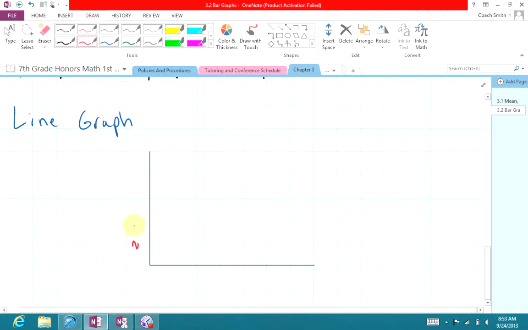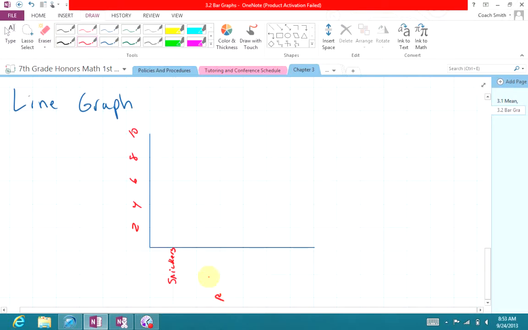It's 2, 4, 6, 8, 10. Okay, down here we're going to have Snickers, going to have Reese's, going to have M&M's. Actually, I'm going to spread those out a little further. Going to put Reese's there, M&M's there, and then gummies here.